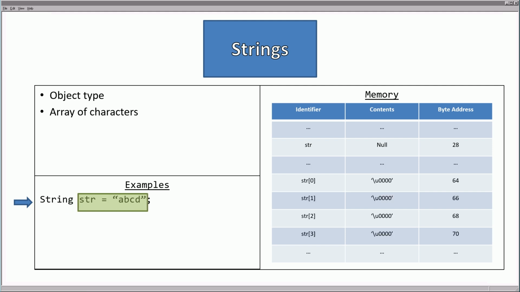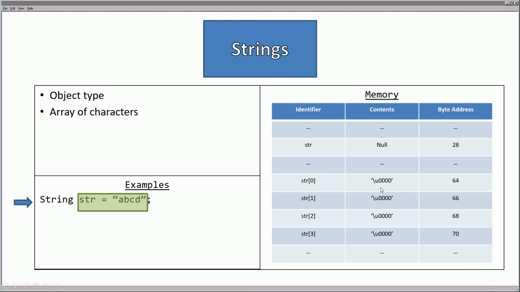Now, when we get to this part right here, what we first need to do is reserve inside of memory this array of characters of size 4. If you notice, this byte address is just arbitrarily picked. Once again, characters are 2 bytes in memory. Arrays are contiguous blocks in memory, and if you notice, every subsequent memory address increases by 2 bytes.